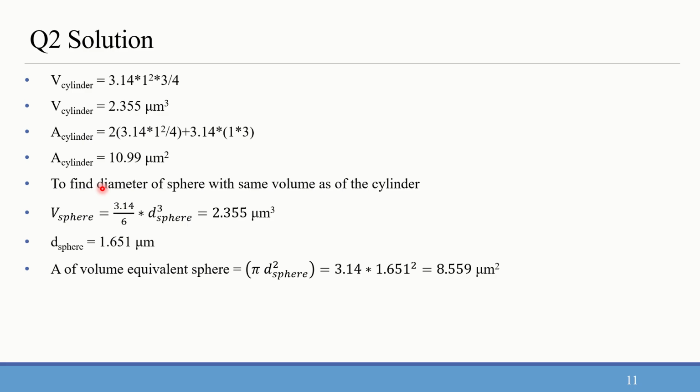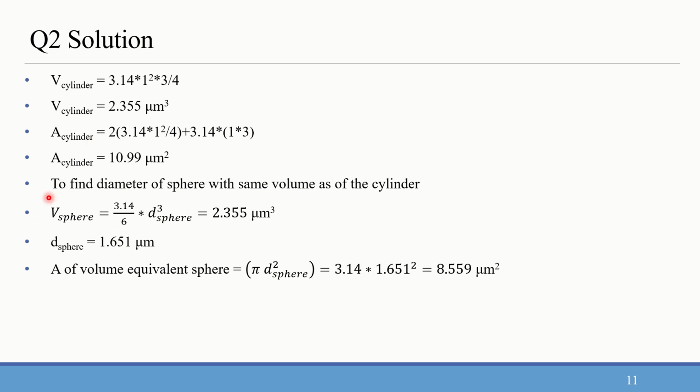Now we found the volume of the cylinder. Why are we finding the volume of the cylinder? So that we can assume this volume is equal to the sphere volume and calculate the diameter of the sphere which has the same volume as this cylinder. After that we found the surface area of the cylinder.